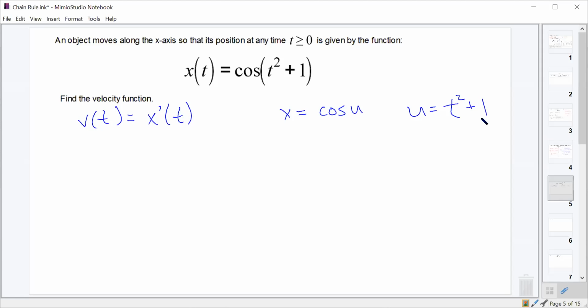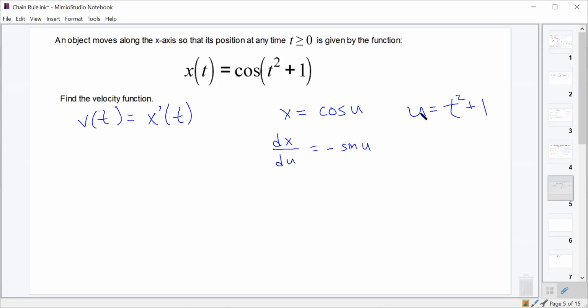And so now we want the derivative of x in terms of u. So that will look like dx du. What's dx du? Negative sine of u. Yep, negative sine of u.